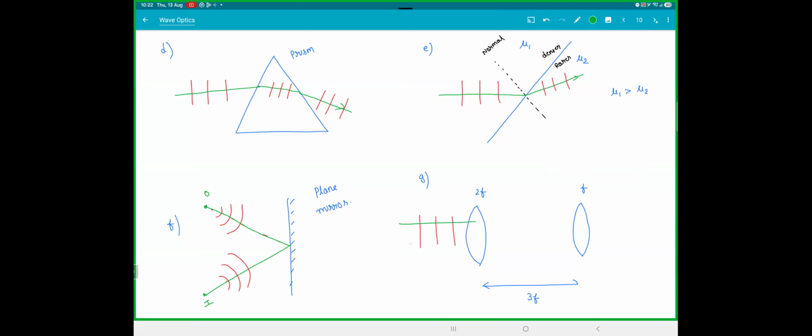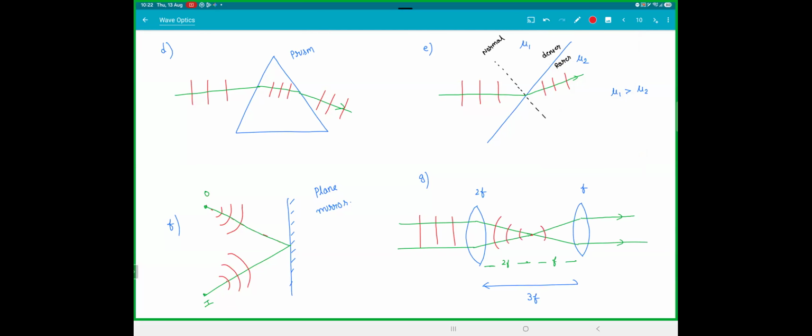This, if you send light rays, they would meet here at 2f. Then they would become again parallel because both are focus. It will be at the common focus. We have done this kind of equation in ray optics. So the light rays would become like this.